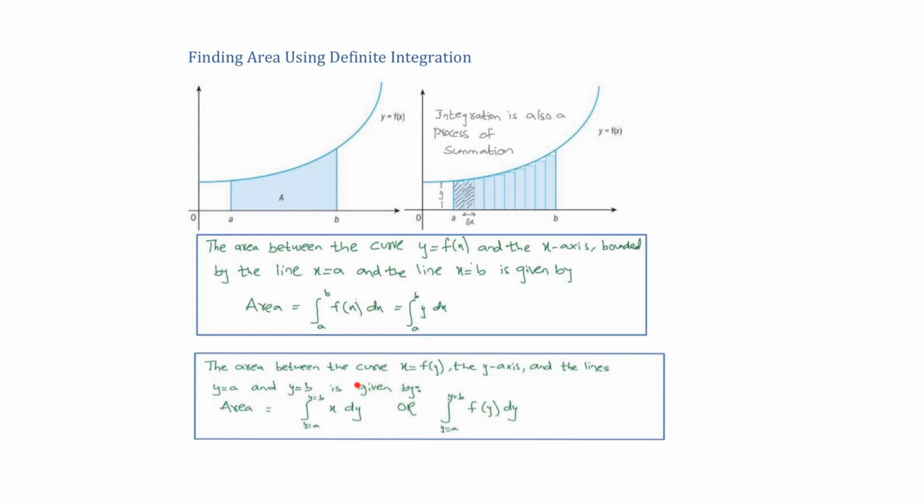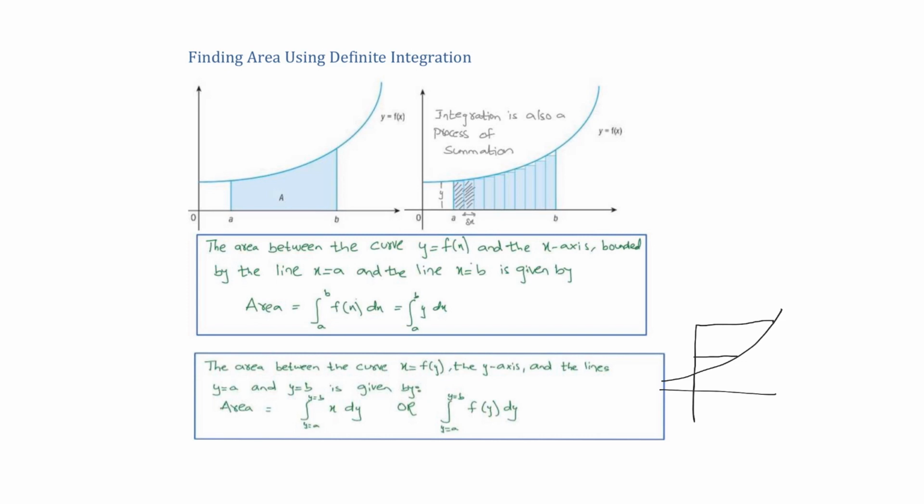Also, if you are being asked to find the area between the curve x equals f of y, the y-axis, and the lines y equals a and y equals b, which means, let's say you have this function and you are being asked to integrate the function with respect to y.